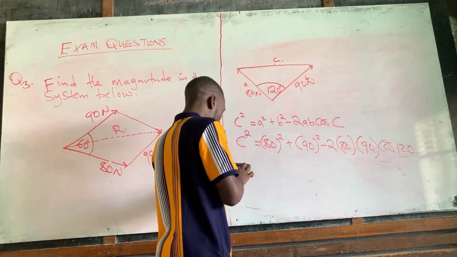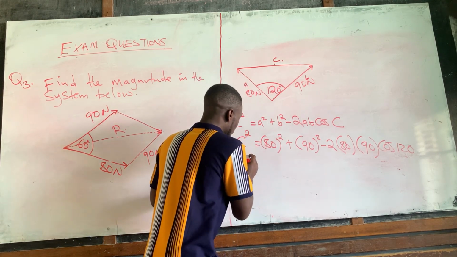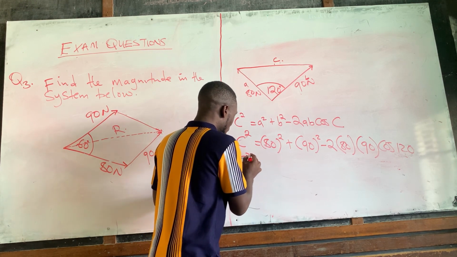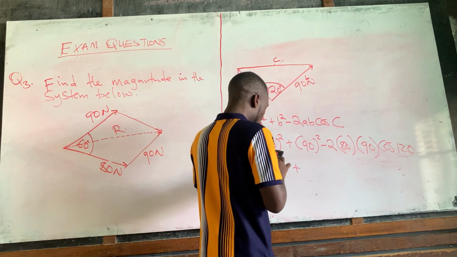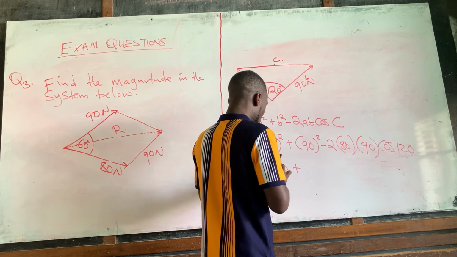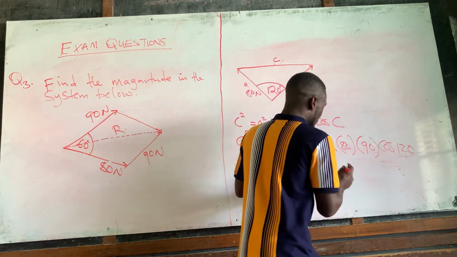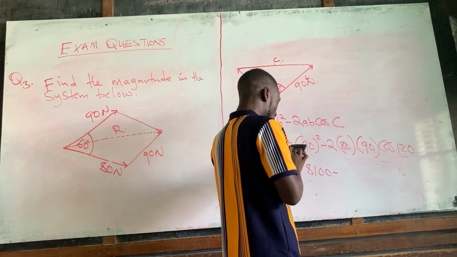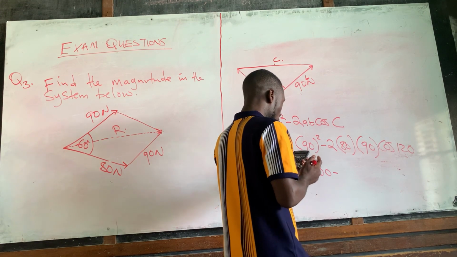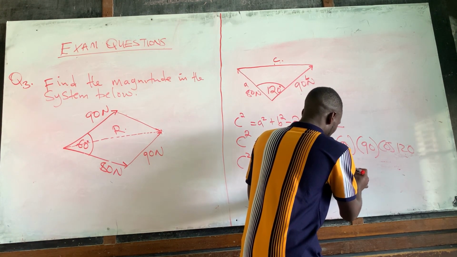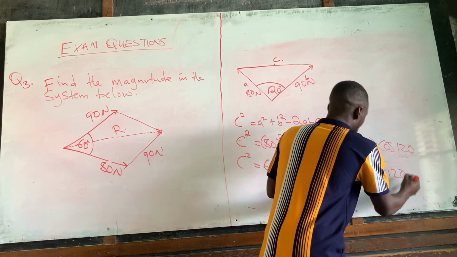So C squared is 6,400 plus 8,100 minus 2 multiplied by 80 multiplied by 90, which is 14,400, times cos 120.